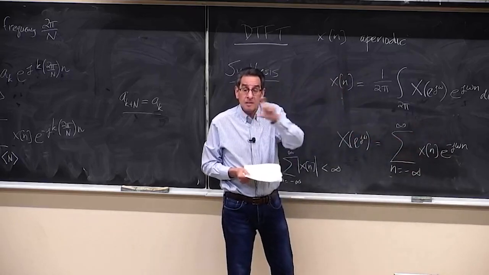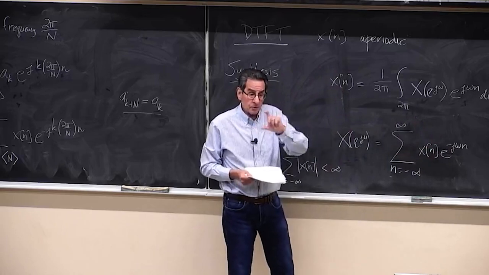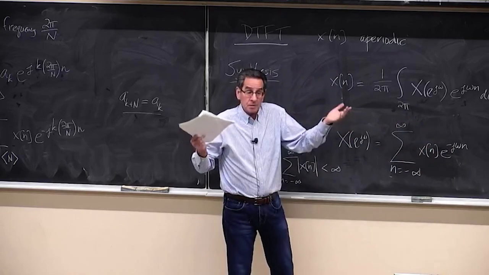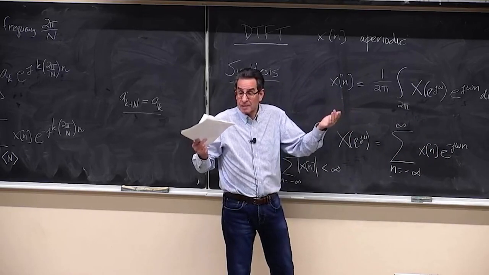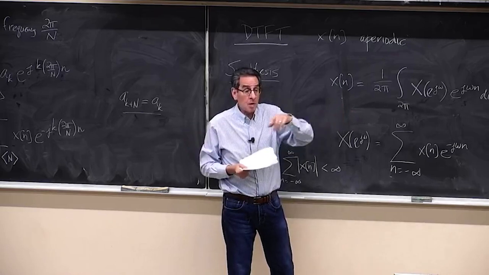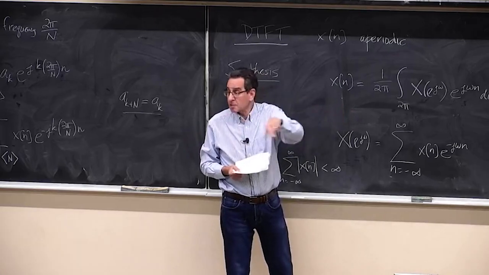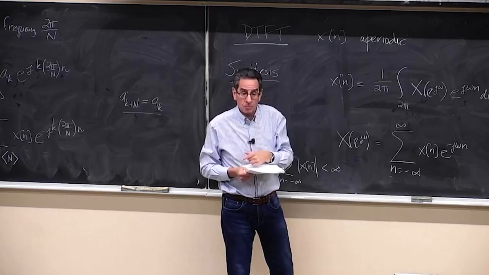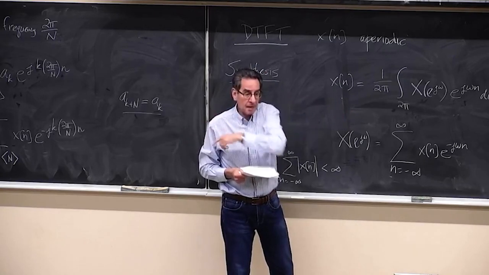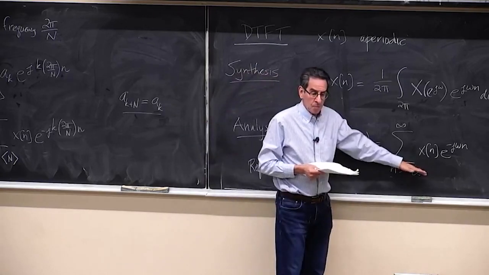We plugged that into the analysis equation and got something that didn't make sense. We were trying to evaluate a periodic signal at infinity and minus infinity. If it's periodic, it doesn't have a value at plus and minus infinity because it's always going up and down. Same kind of problem arises here.